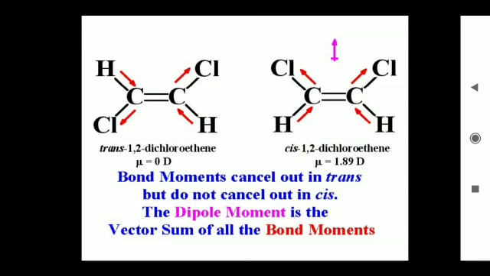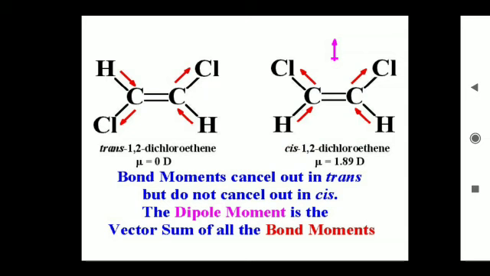Next, another example is 1,2-dichloroethane. The trans isomer has 0 dipole moment, and the cis isomer has 1.89 D. Bond moments cancel out in the trans position but do not cancel in the cis form.